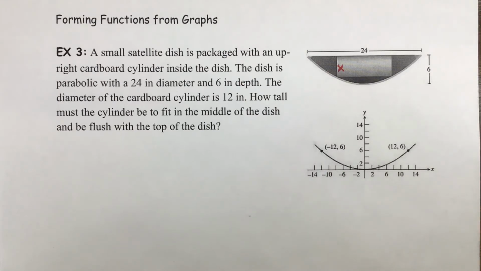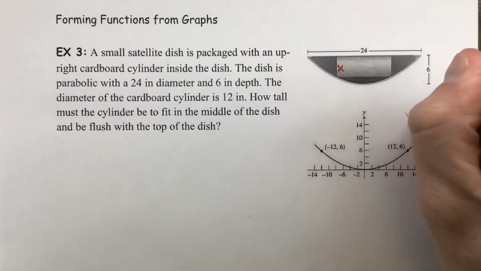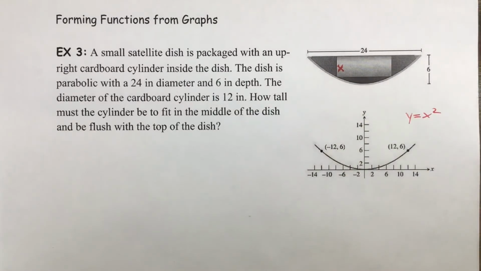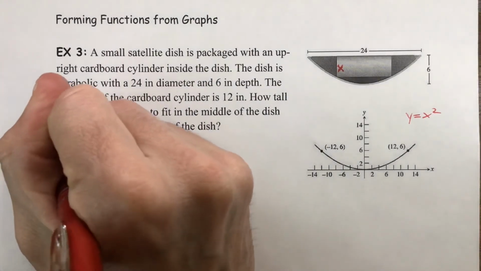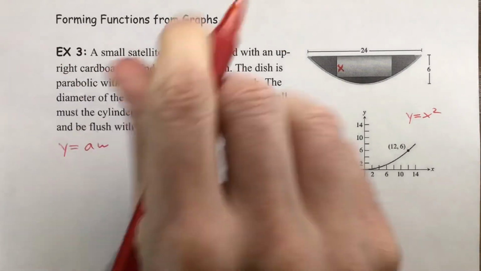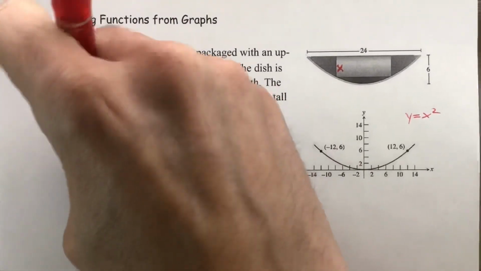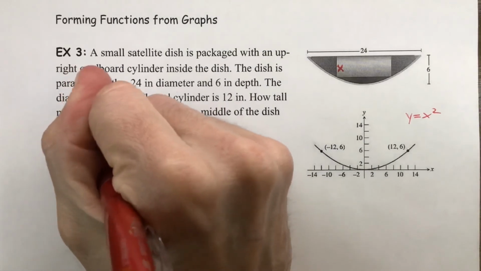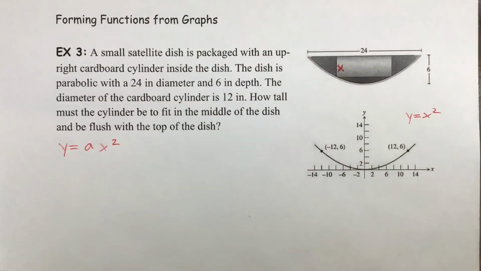If we do that, the only transformation that could be applied to the parent function of quadratics, y equals x squared, would be some factor that would stretch it or compress it. So our template is going to look like this: a factor of a multiplied by x squared. Again, we don't have any translations going on here, so you get a really simple equation.